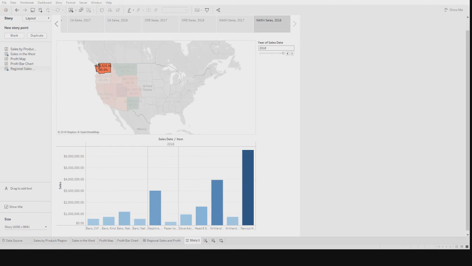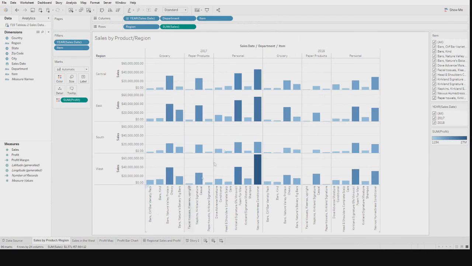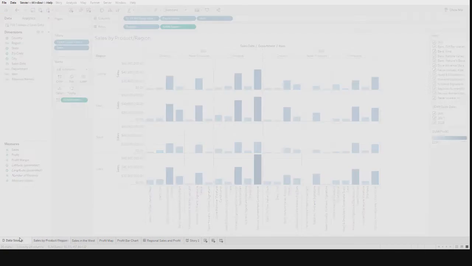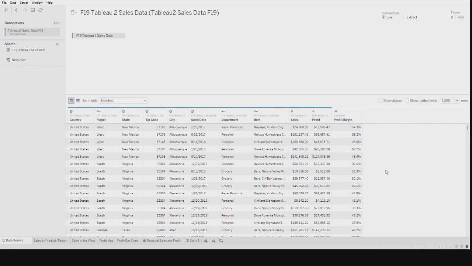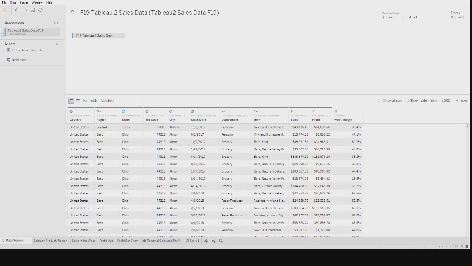Alright, so what I learned about Tableau and what I learned about my data is, well, first I wanted to talk about what I learned about Tableau. By doing this project through Tableau, I realized that this is one of the most powerful tools that you can use to show data and show trends in data and get insights out of a set of data. I feel like in collaboration with Excel, these two products are almost the entirety of what you need to be able to see trends in data.